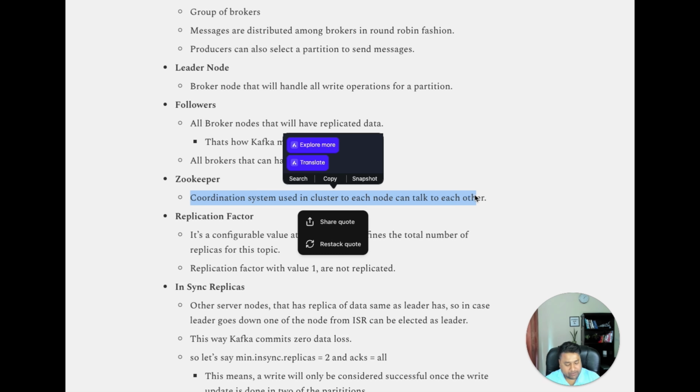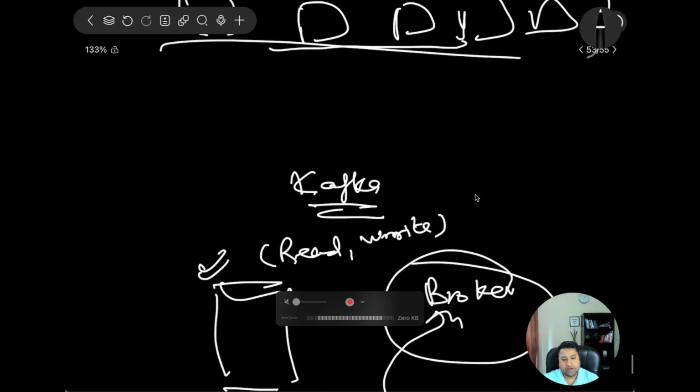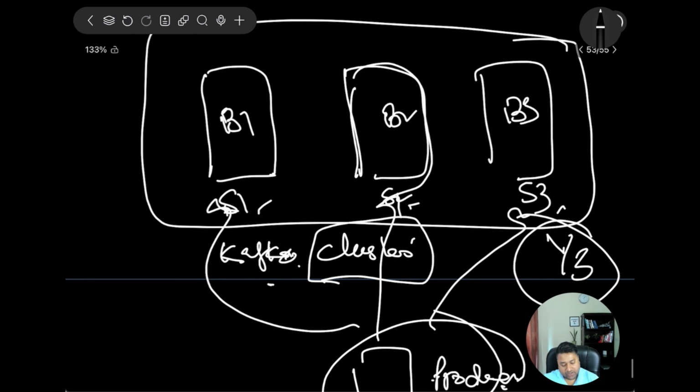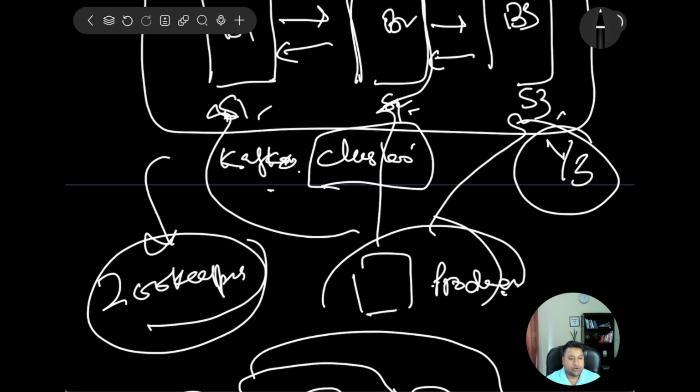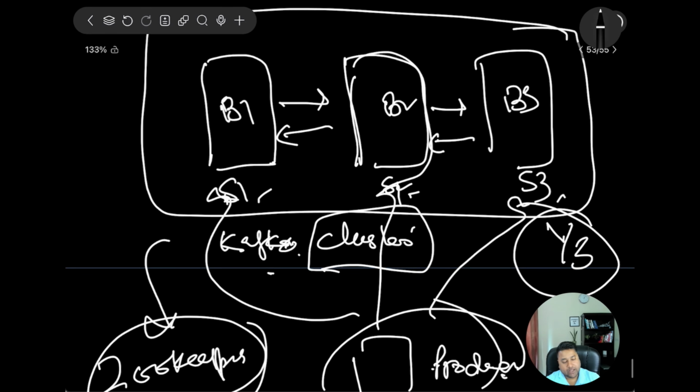ZooKeeper is basically nothing but a coordination system. So if you have multiple nodes running here, how will these nodes talk to each other, right? There has to be some coordination system in place that will take care of each other. That is why when you deploy a Kafka cluster, before that you need ZooKeeper, right? So you deploy ZooKeeper, and over that you deploy a Kafka cluster.